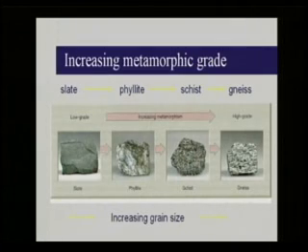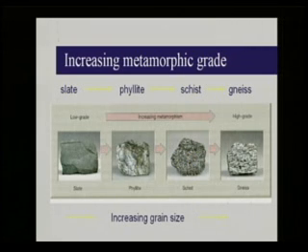If we look at clay rocks, we have increasing metamorphic grade from slate all the way to gneiss. We're also looking at increasing grain size as we move from the left of that diagram all the way up to the right-hand side with the high-grade metamorphism gneiss. So we have slate, phyllite, schist, and gneiss.